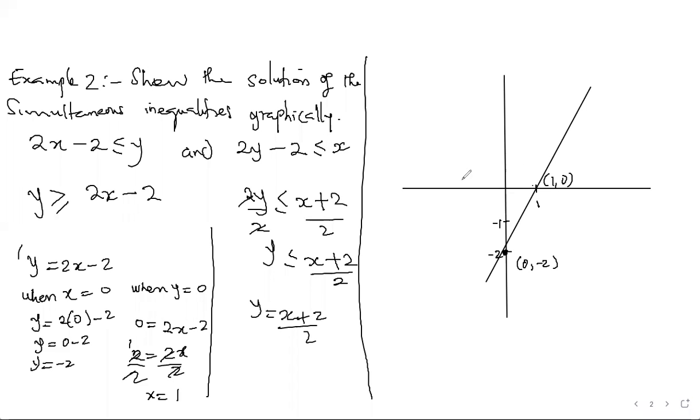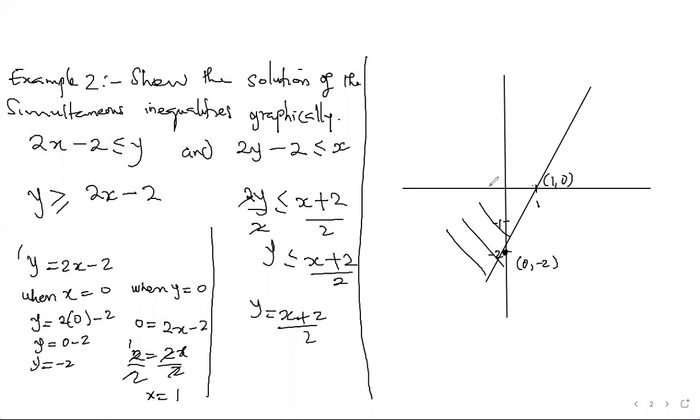Then where do I shade? I go to the inequality and check the sign: y greater than or equal to. That means I need numbers that are greater than or equal to whatever value of y I have here. So if it is greater than or equal to, I need to go up.